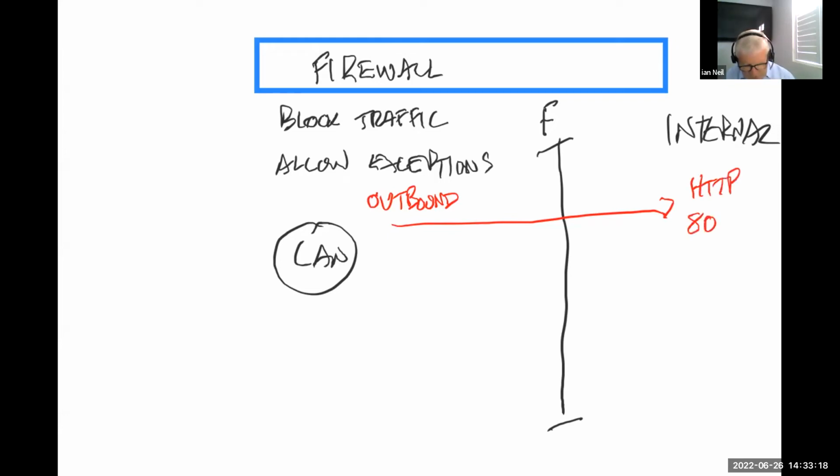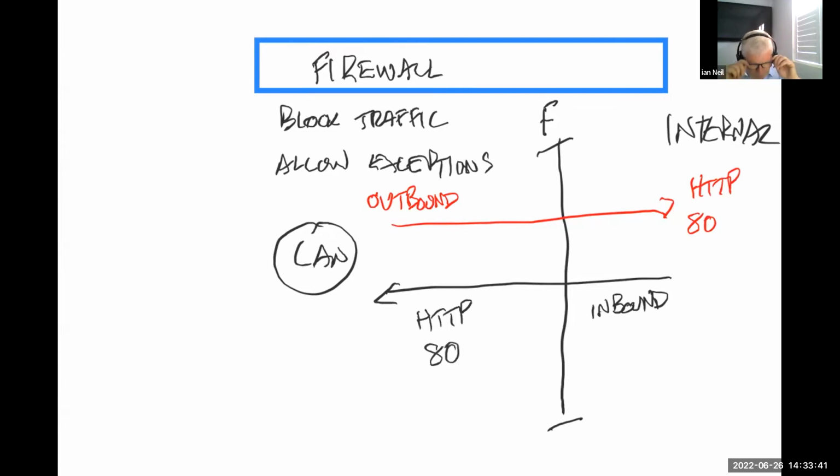But if someone requests a web page, it doesn't work unless we create a corresponding inbound session. So this is inbound. And we also open up HTTP or port 80 as inbound. So one of the jobs of the firewall is to control traffic in and out of your network.